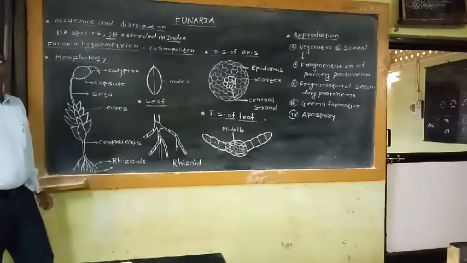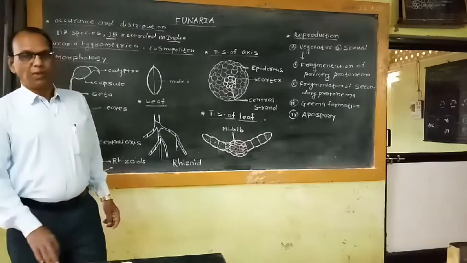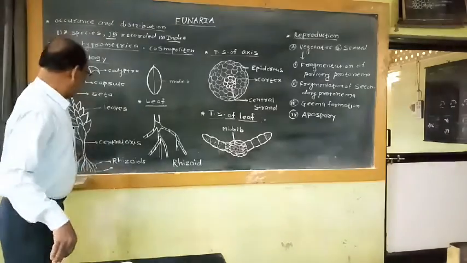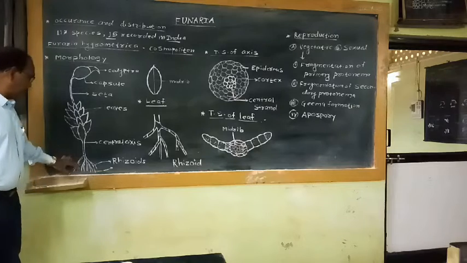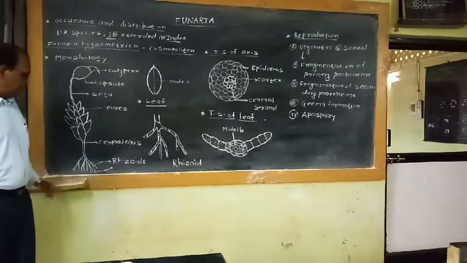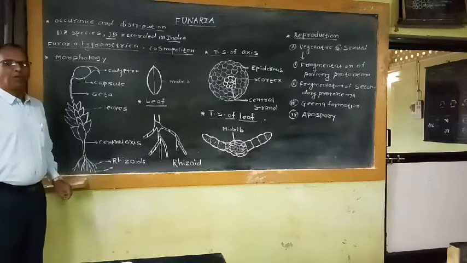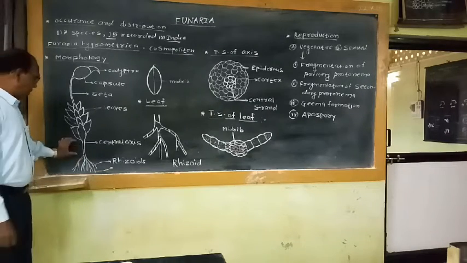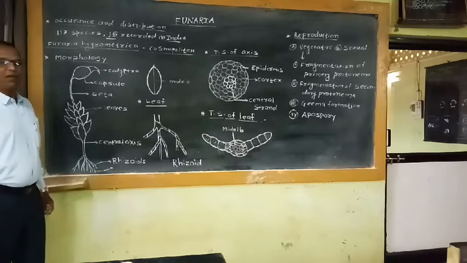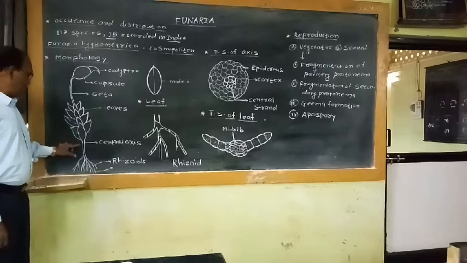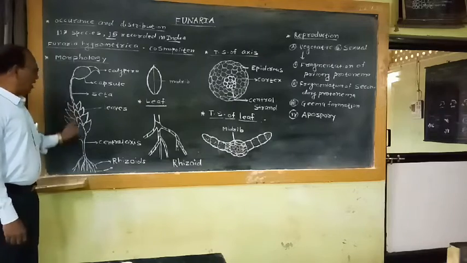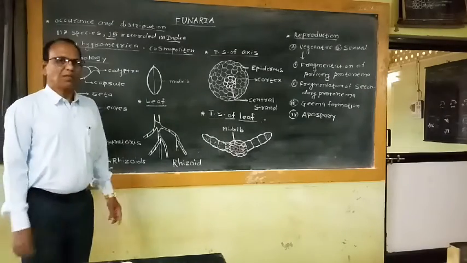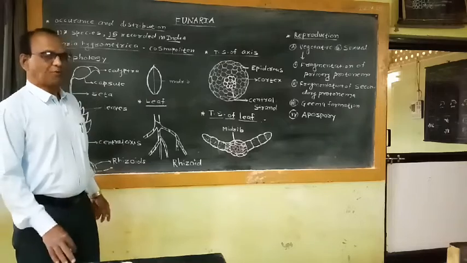The basal portion of the stem, which is underground, produces the rhizoids, which take part in absorption of nutrients and water, as well as fixing the plant body firmly on the substrate. The main shoot axis may be branched. It produces two types of branches.